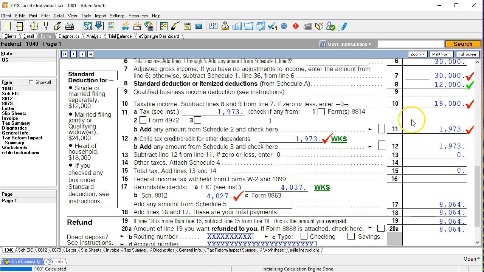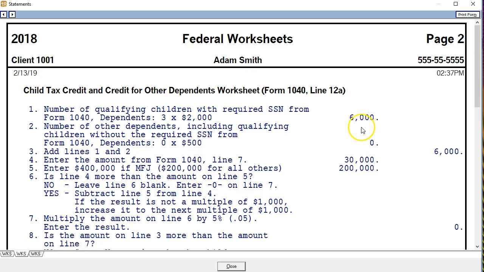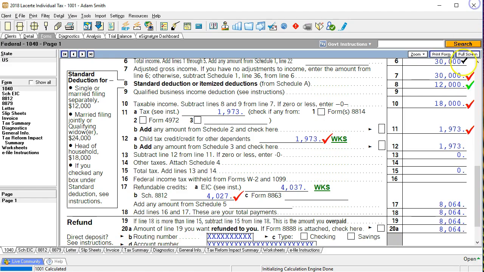So notice here, of course, that the amount of the credit was 6,000, and the amount of the liability was only 1,973. So then we had to go forward to the next calculation, which in essence is the 8812.